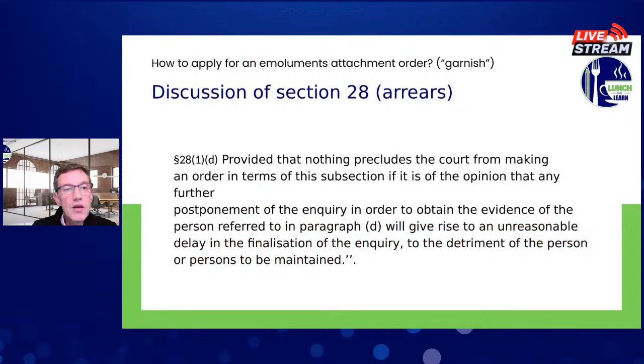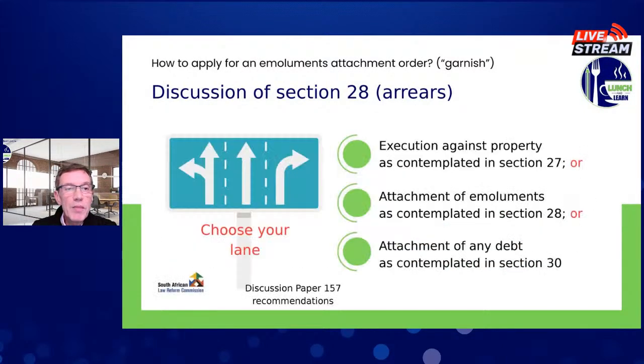Like we said, we discussed that in a previous webinar, and I'll just jump a slide quickly and come back to the previous one. You can only apply for one of these types of remedies for the enforcement of maintenance when the maintenance debtor or respondent is in arrears.